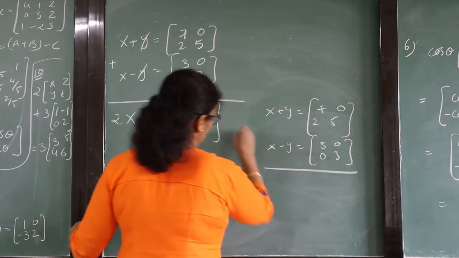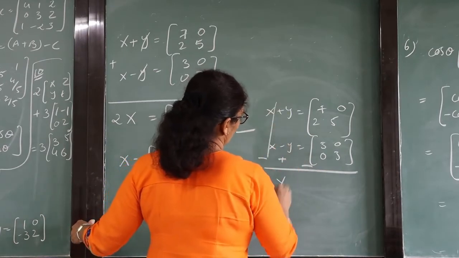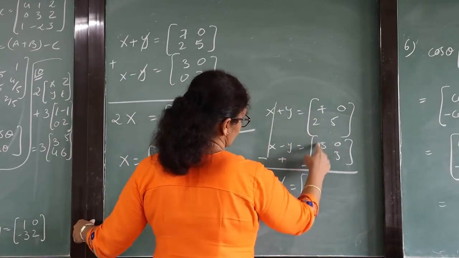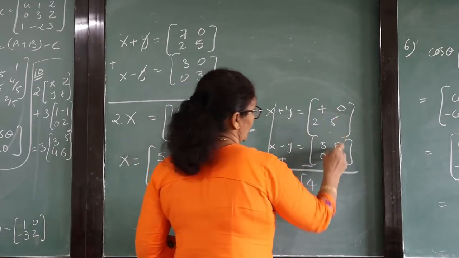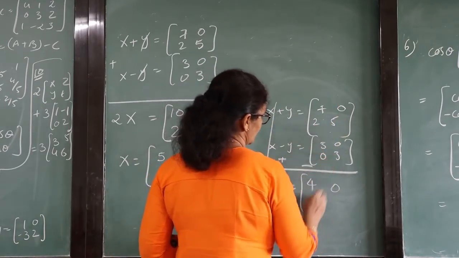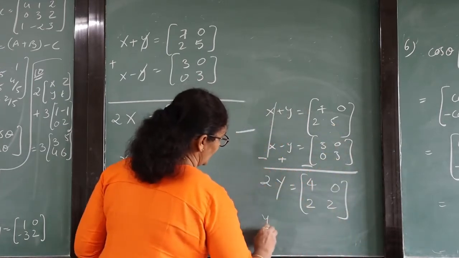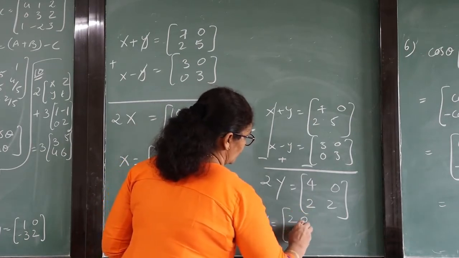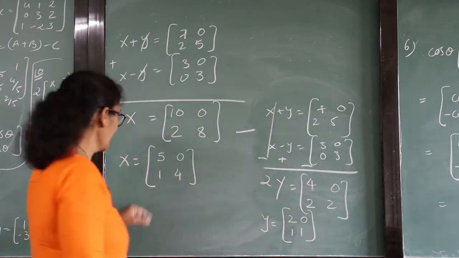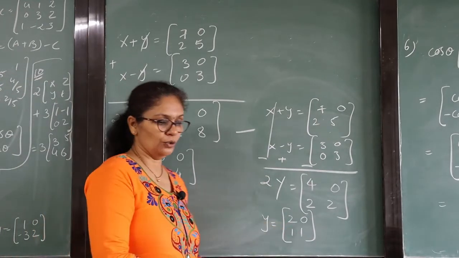Let's take subtraction, minus, minus, plus, minus. So these two cancel, 2y will be 7 minus 3, 4, 0 minus 0, 0, 2 minus 0, 2 and 5 minus 3 again 2. This is also 2y. So when you want to find y, divide by 2, 2011. So now your x will be 5014 and y will be 2011.